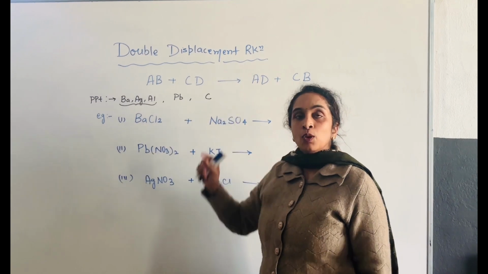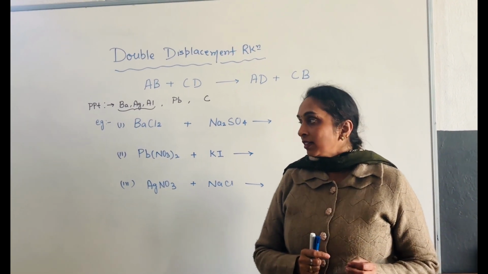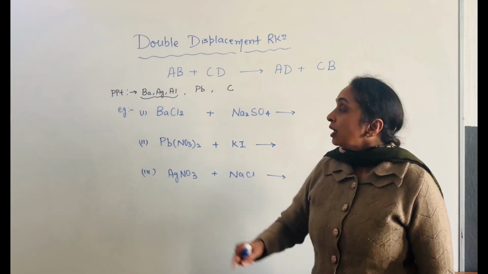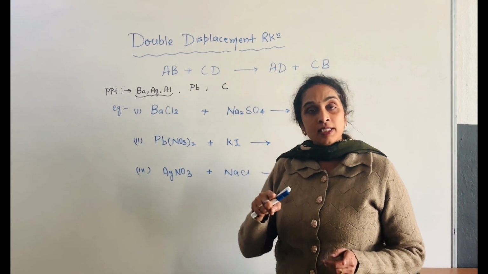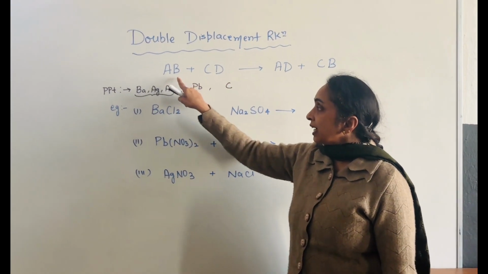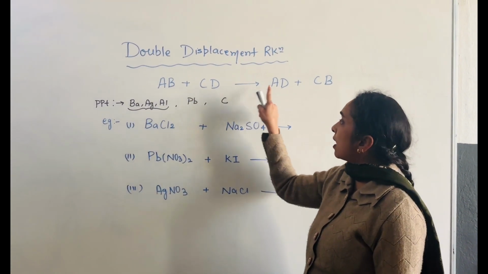Displacement reaction is a very important reaction, and every year it is asked in the board examination. Double displacement reaction is the reaction between two compounds, in which the two compounds exchange their ions.